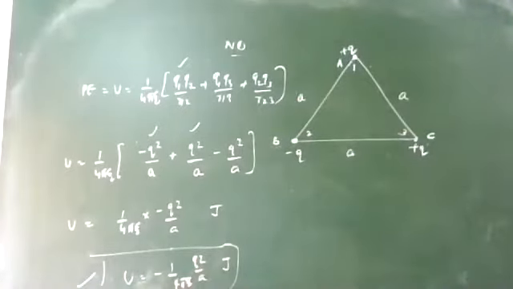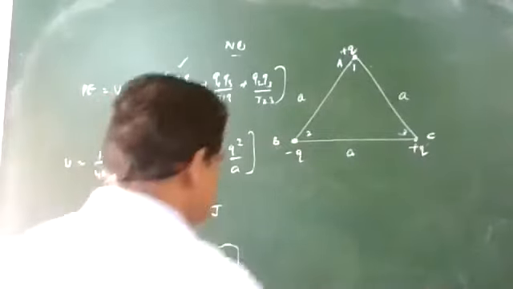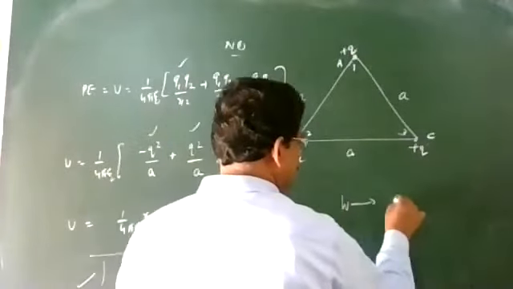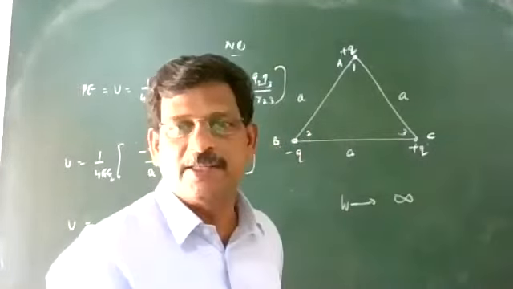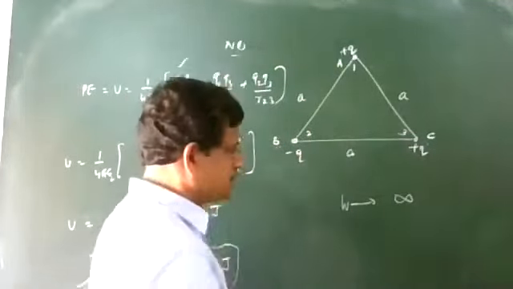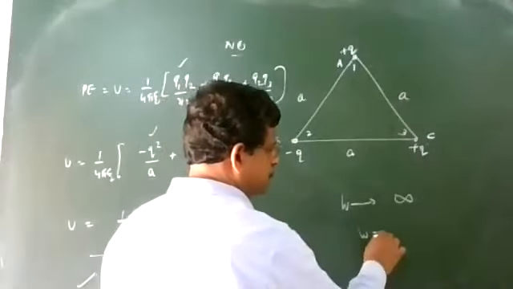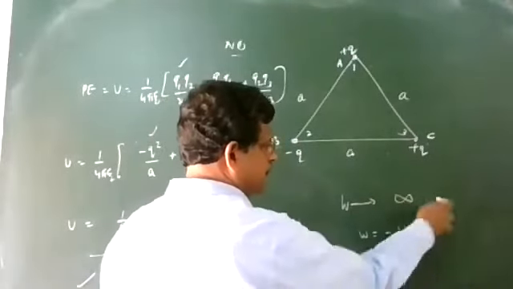Suppose you want to dismantle them to infinite distance. What is the work required in this case? One upon 4 pi epsilon 0 Q square upon A. Okay. So the work done to take them again to infinite distance, to dismantle, dissociate them, is the minus of the potential energy, to take them back to infinity.